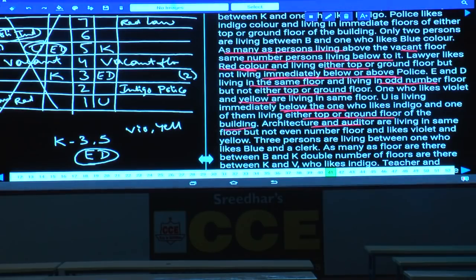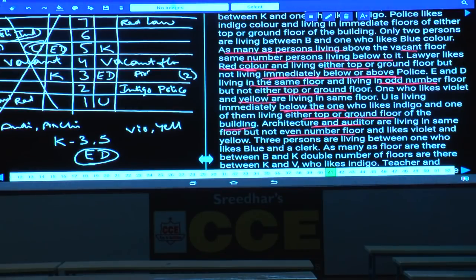Architect and auditor are living in the same floor, the violet and yellow floor, but not an even number floor. But not even number floor means this person must be on the third one. Third one, who are the persons here? Tell me here.